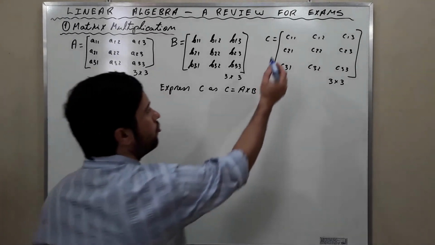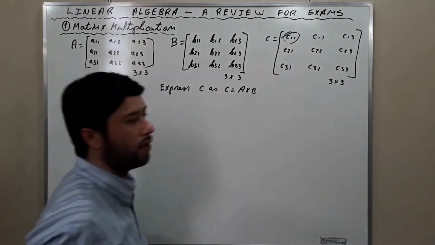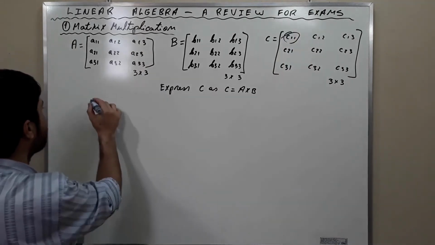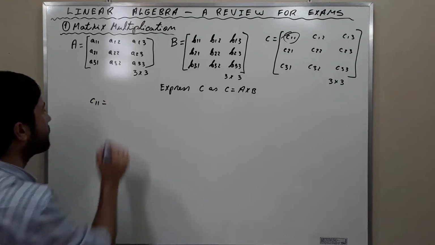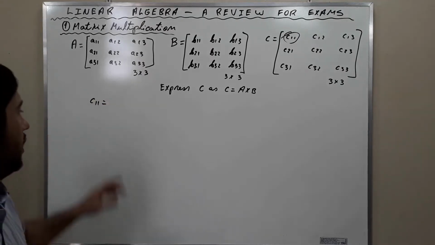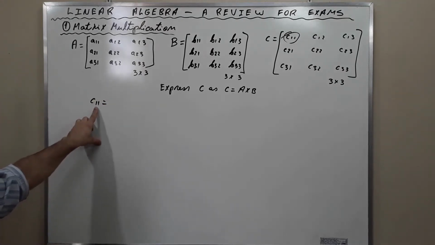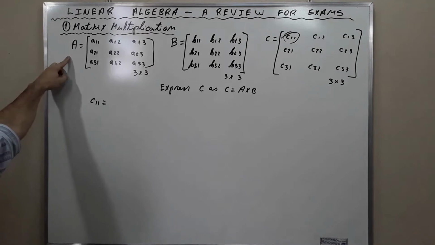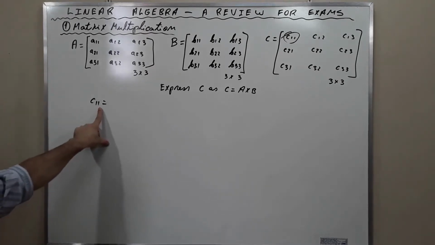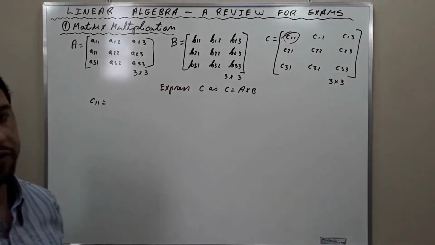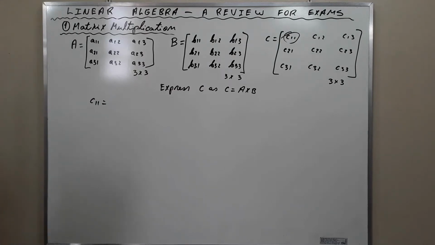Let's go first to C11. C11 is going to be obtained from the multiplication of row 1 of the first matrix and column 1 of the second matrix. Okay?